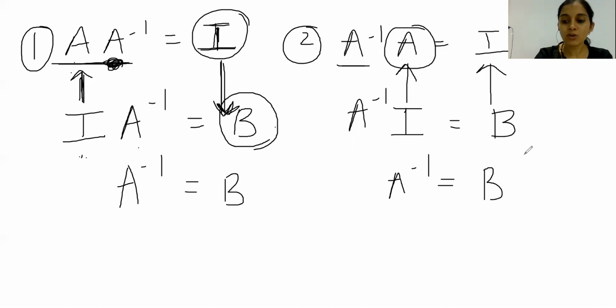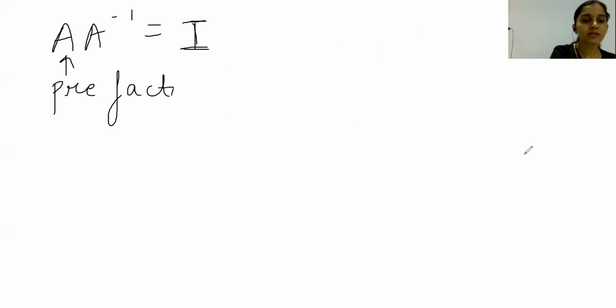Now, how do we deal with post factor and prefactor? Whenever I have A inverse equal to I, that means A is a prefactor, we apply only row transformations.